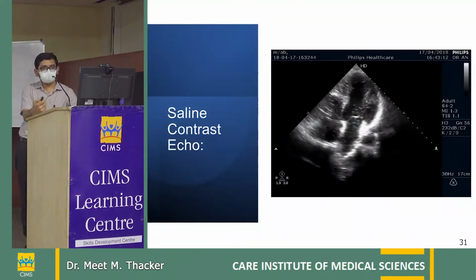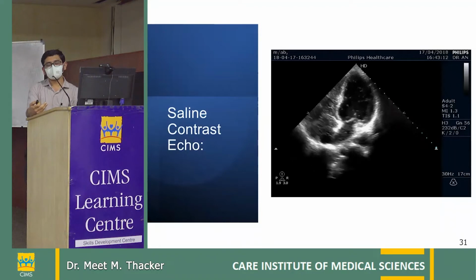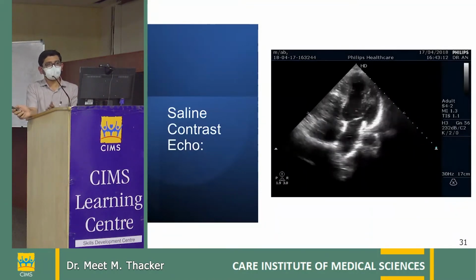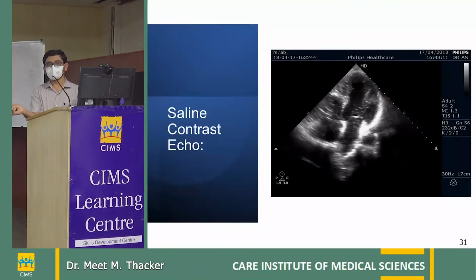Normally the agitated saline, when it is injected in the venous system, goes to the right side of the heart, and in absence of any intracardiac or extracardiac right to left shunts, it will not opacify the left-sided chambers. But here, this is a very short clip, but after a few cycles, say 8 to 10 cardiac cycles, we had seen the appearance of agitated saline in the left-sided chambers, but there was no obvious shunt across the interatrial or interventricular septum.